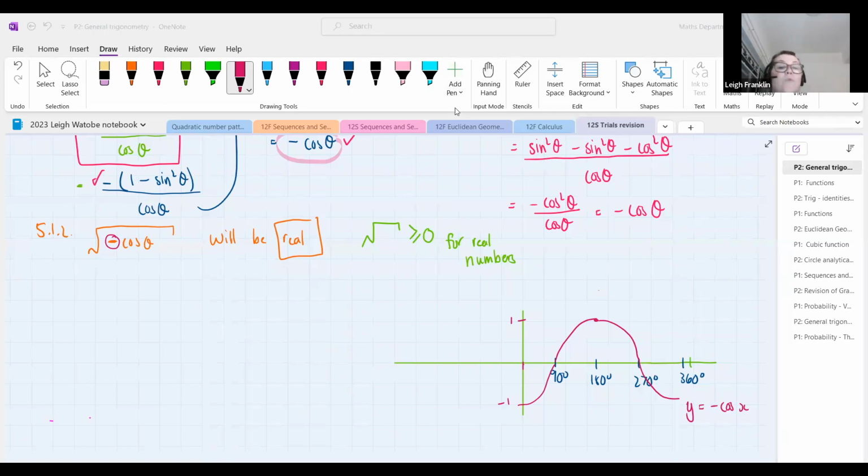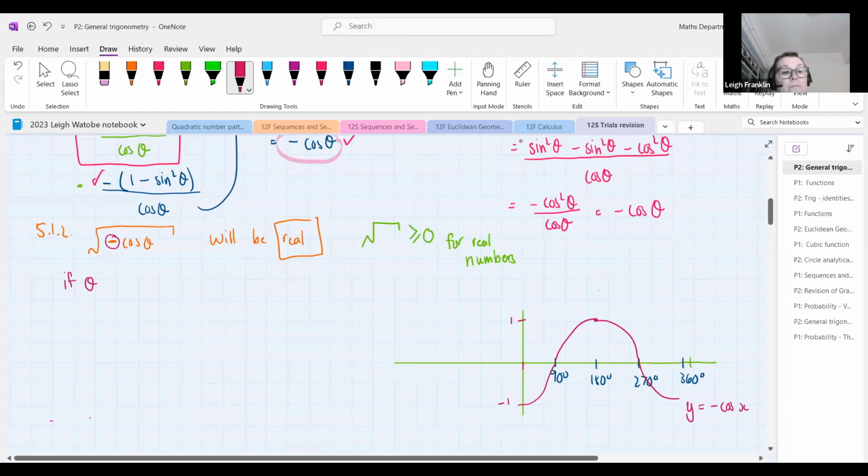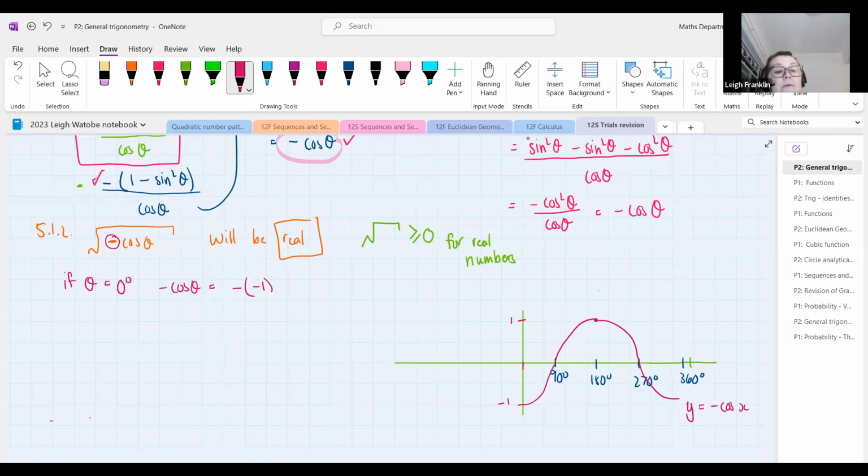It would be equal to 1, absolutely. If theta equals 0 degrees, it means that negative cos theta would be equal to -1, which would give us +1 inside our root. So it works at 0 degrees.